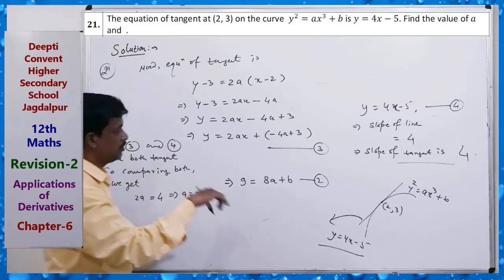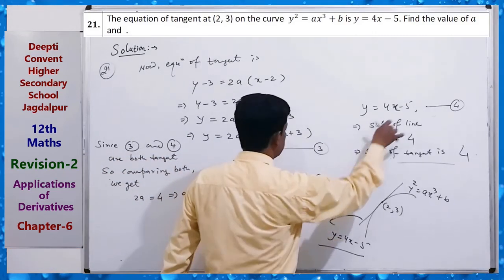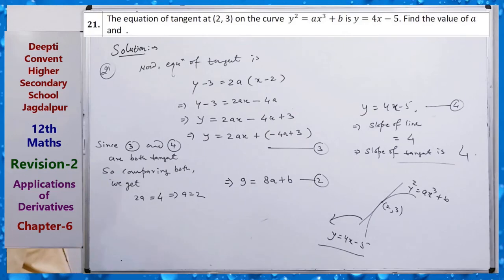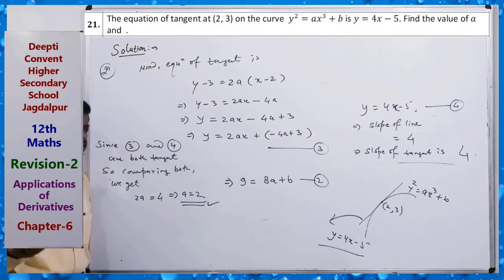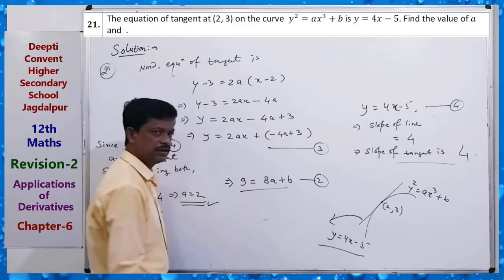Also the constant: -4a + 3 = -5. Here a = 2. Now you can find the value of b.